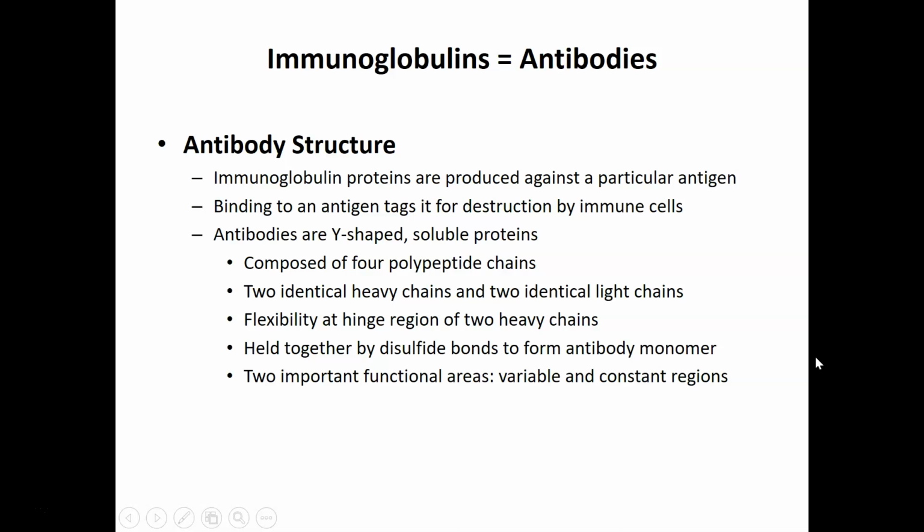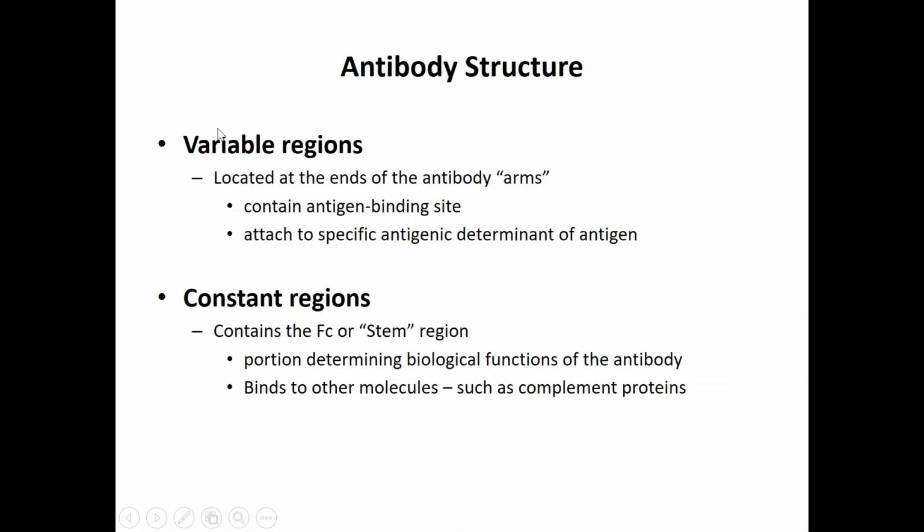There are 2 important areas that are functionally significant: regions that have constant amino acid sequence between different antibody molecules produced by different plasma cells, and regions that vary in amino acid sequence between antibodies produced by different cells. The variable regions are located at the tips of the Ys, and these contain the antigen binding sites.